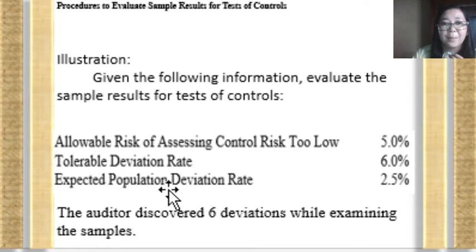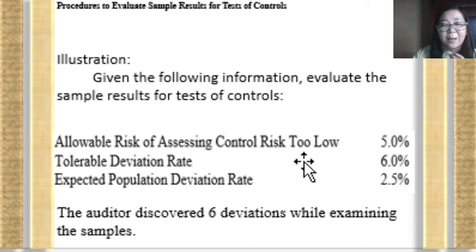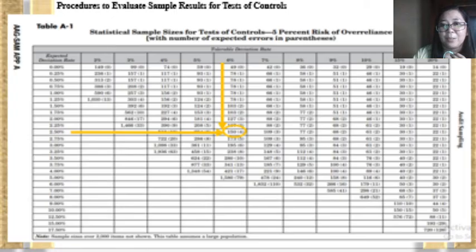Expected population deviation rate is 2.5. So meaning in this case, tolerable deviation rate is greater than the population deviation rate. So it indicates that there is low risk of misstatement. That's why the control risk is assessed as low as well. Okay. So in this case, the auditor discovered 6 deviations while examining the samples.